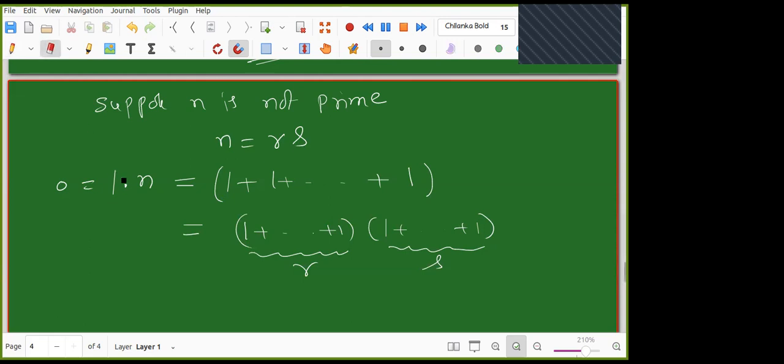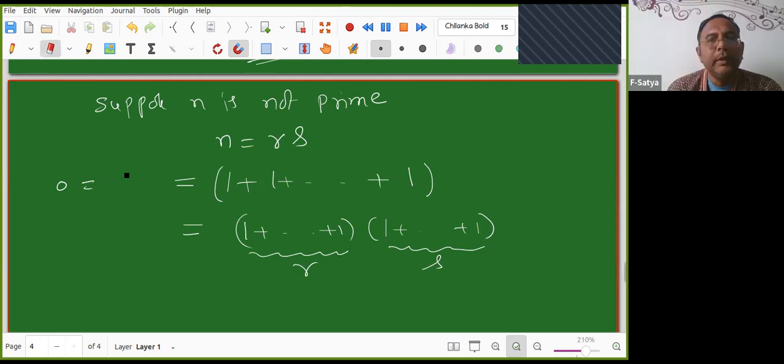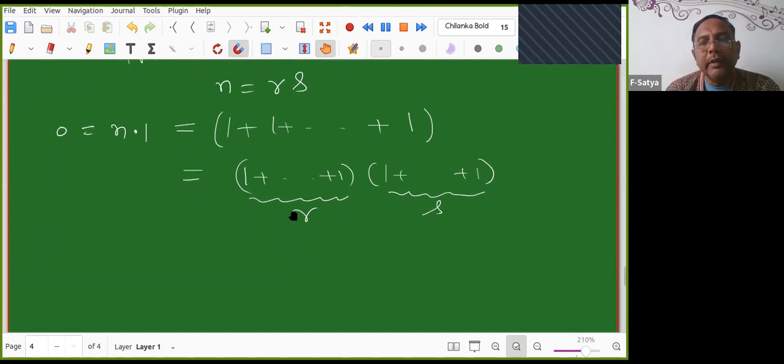So I'm writing n into 1 only. So n into 1 is equal to 1 plus 1 plus 1 and so on. But please be careful: this is actually an element of the ring, of the integral domain. This n into 1 is in the ring because I'm adding 1, n times, and 1 is in the ring.